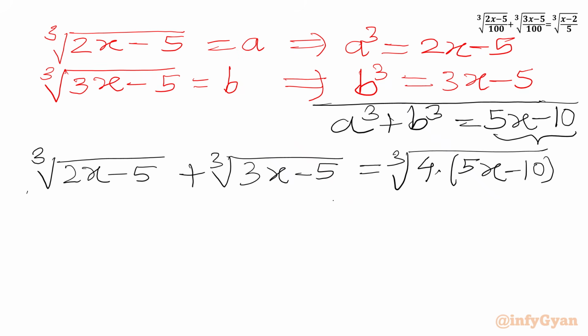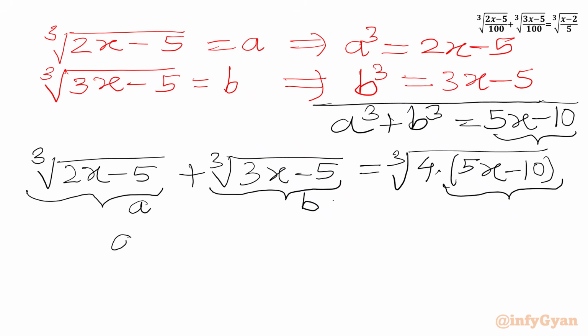Now this is equal to a as per our substitution. This is b. Here we can write a cube plus b cube. So I will write equation a plus b equal to cube root of 4 times a cube plus b cube.